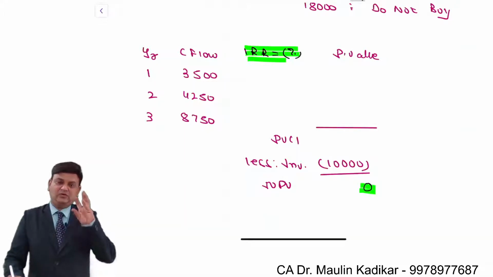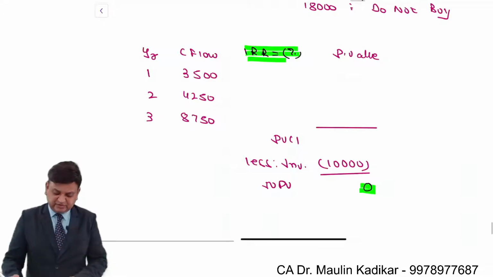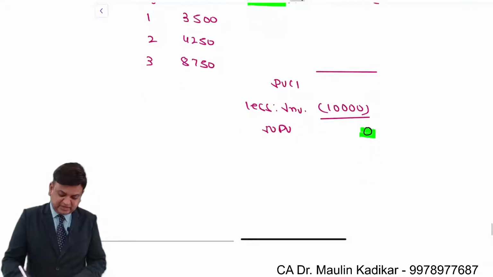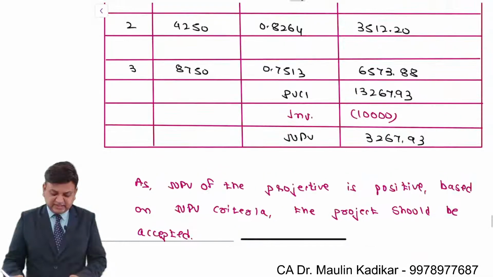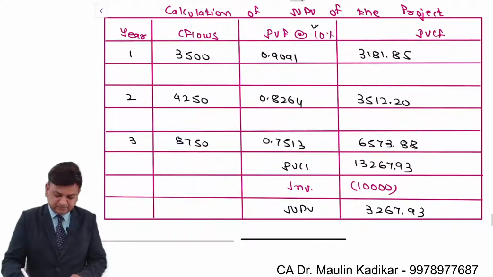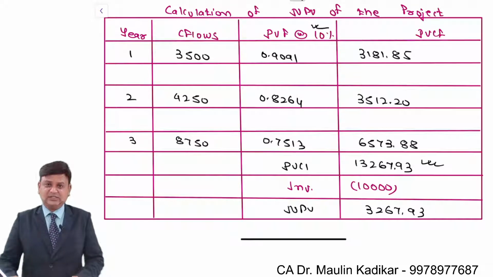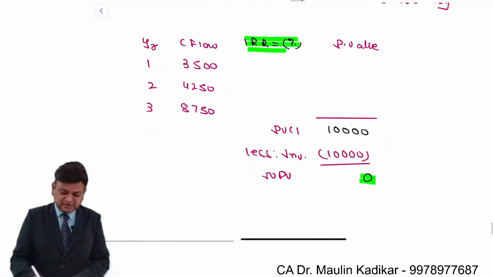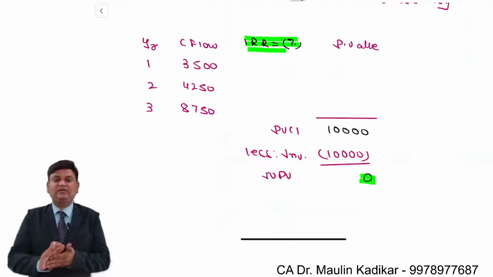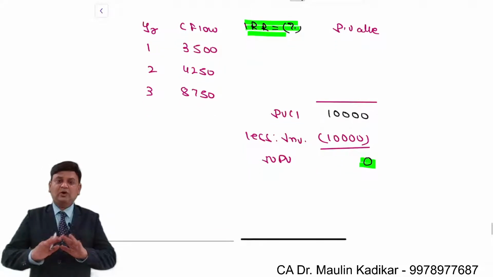It means we are required to search for such a discounting rate at which the present value of the cash inflow and the present value of the cash outflow are the same. We know that at the rate of 10%, the present value of the cash inflow is 13,267. Now we are required to compute such a discounting rate at which NPV of the project is 0. Now how do we compute it?